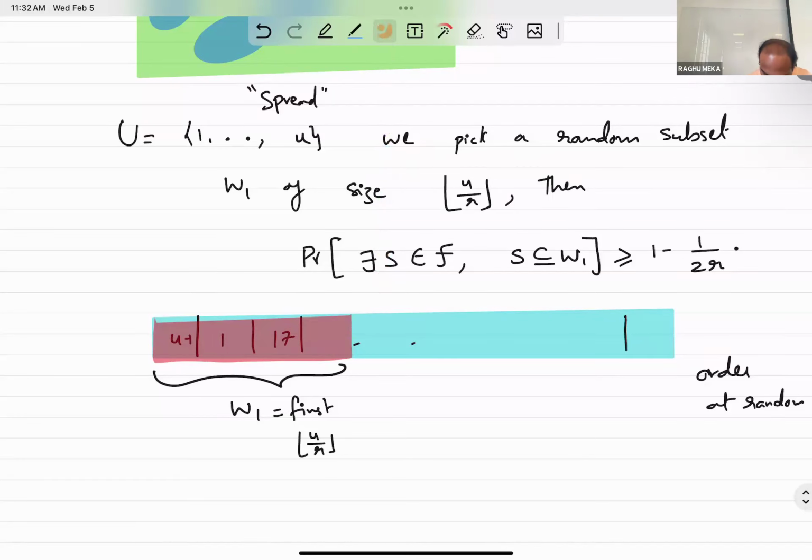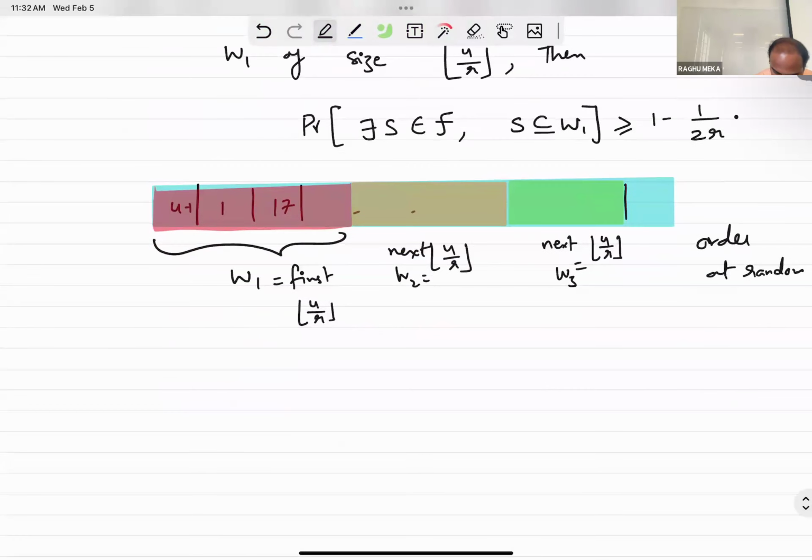Then I take W2 to be the next U over R elements. W3 is the next U over R elements, and so on. So we get W1, W2, all the way up to WR. Let's say R divides U, otherwise it's not a big issue.